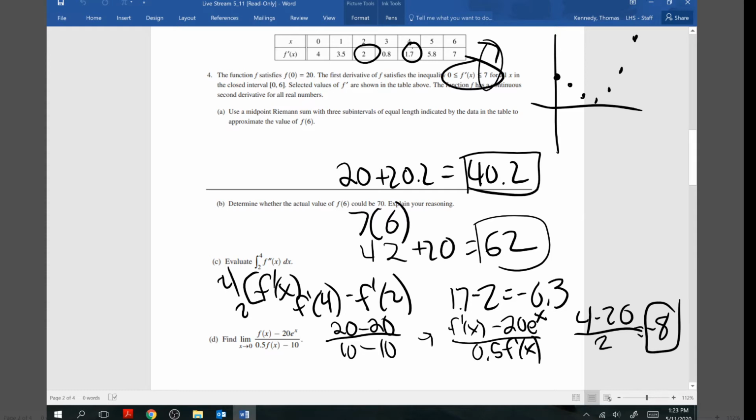But what if the graph looks like this? It's super ugly, but you have to assume, in the best possible case, that it never goes above 7.